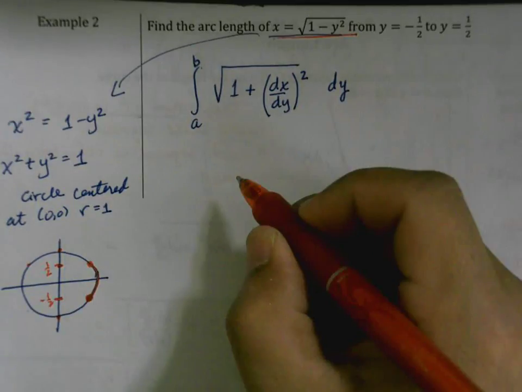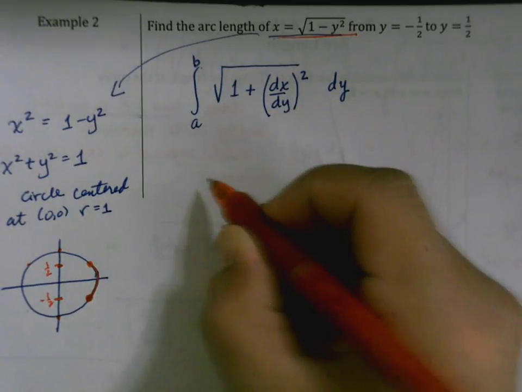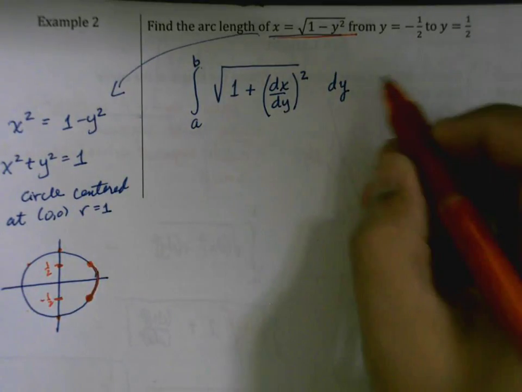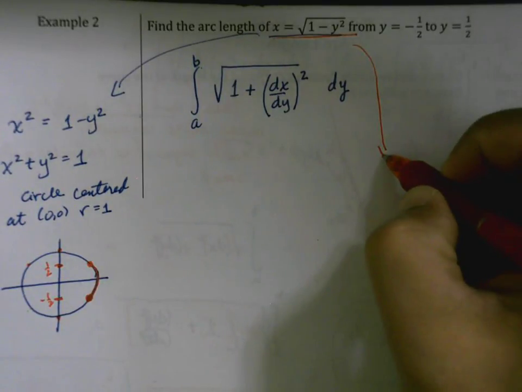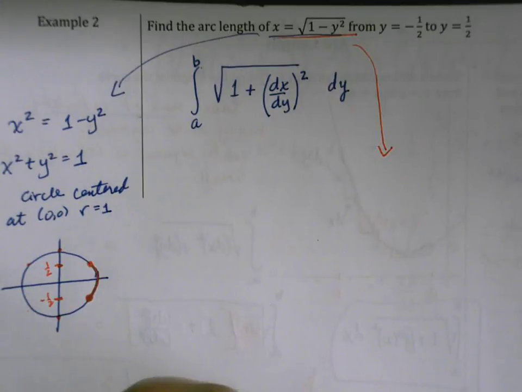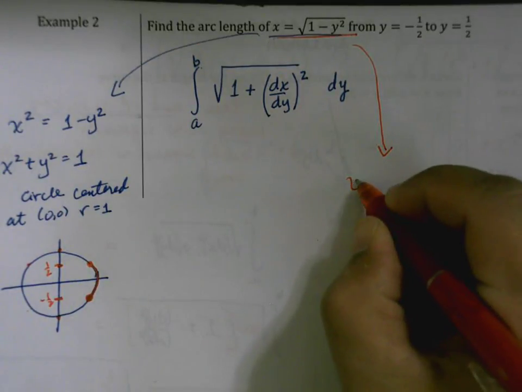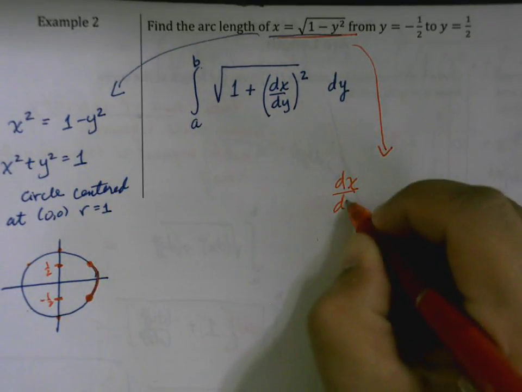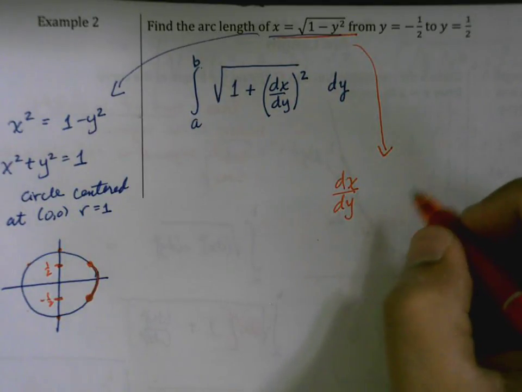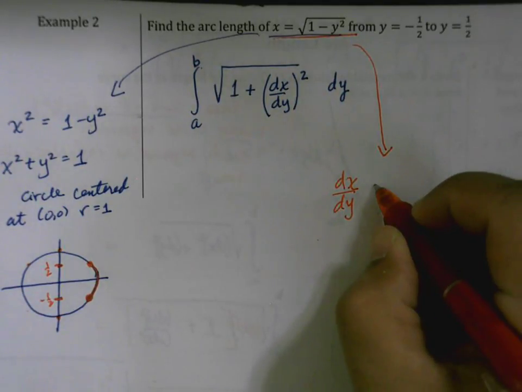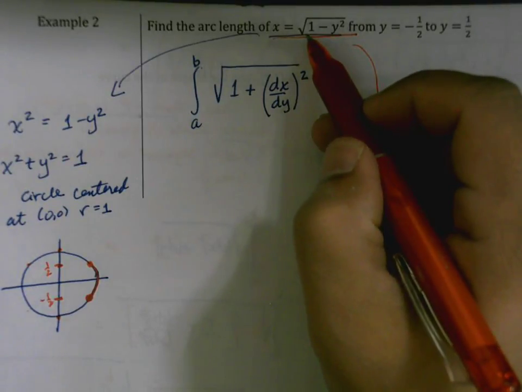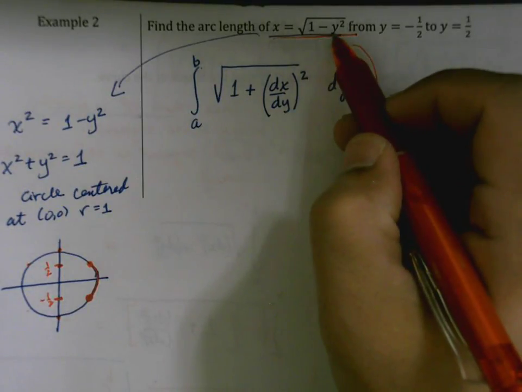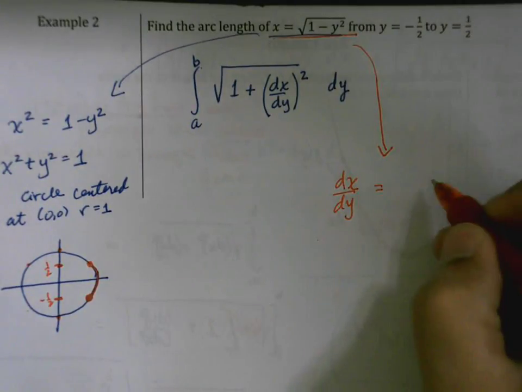Okay? So the trick is we got to take the derivative, and this will give us a good opportunity to practice and review some of the old things that we did before. So the derivative, dx over dy, in other words, x prime, treating y as the variable, is equal to, and you can think of the square root of 1 minus y squared as really that quantity to the 1/2.